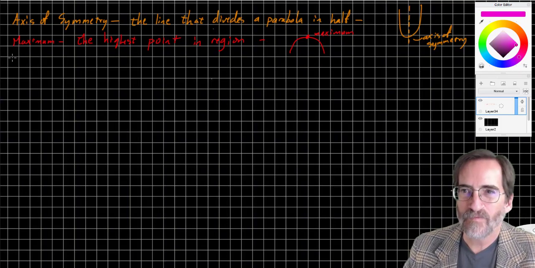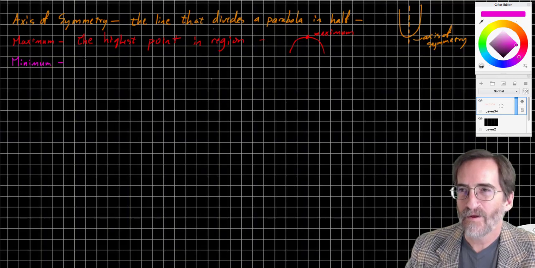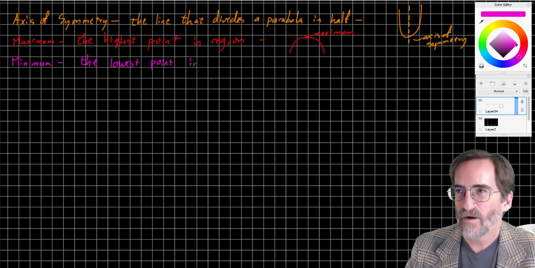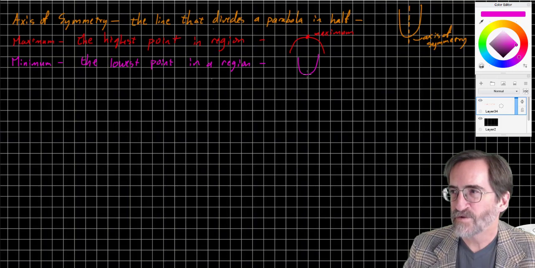Minimum. The lowest point in a region. So in this parabola, this is a minimum.